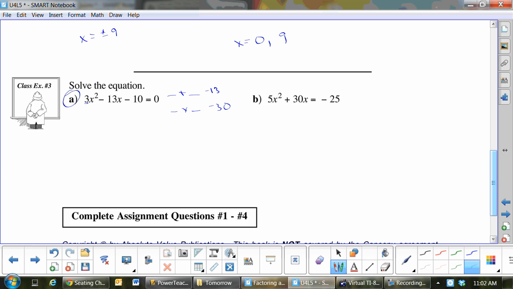Now, what would the signs be? No, what would the signs be? Not double negative. Negative and a positive. And more people get this one wrong because you know what they're thinking? Negative 3, negative 10. Like it's so easy. They do it and they get it wrong.